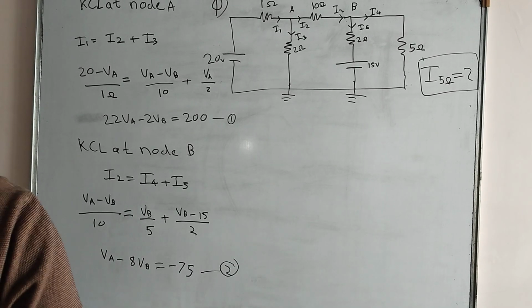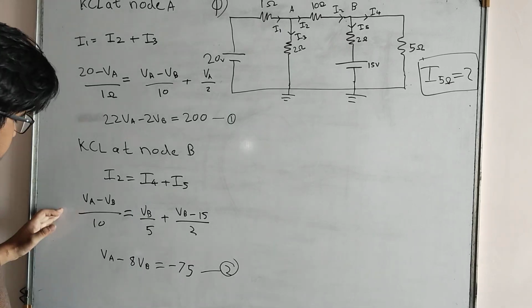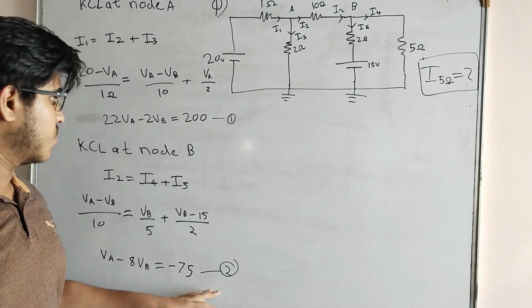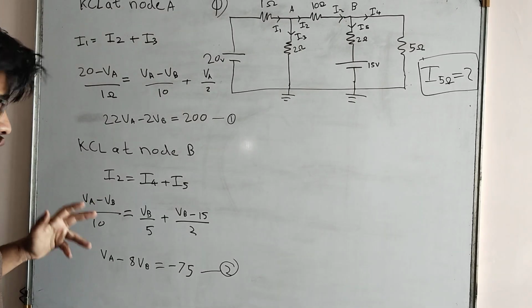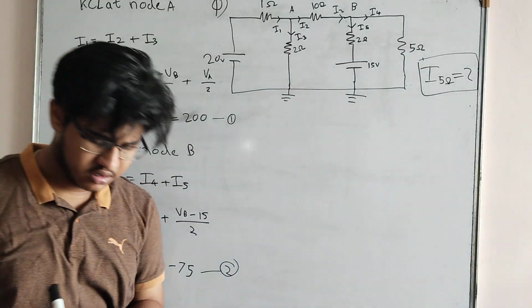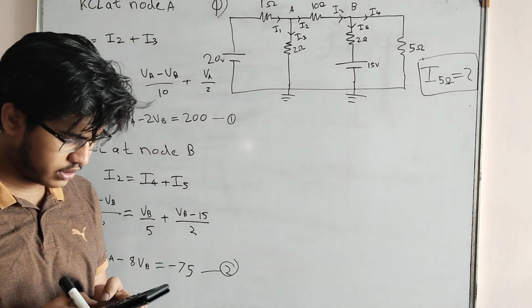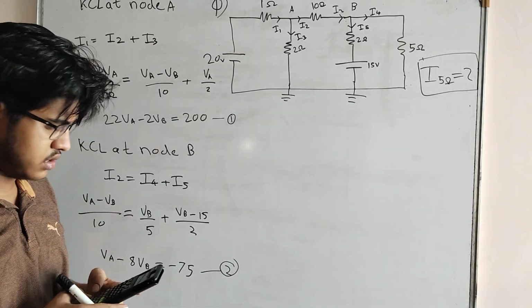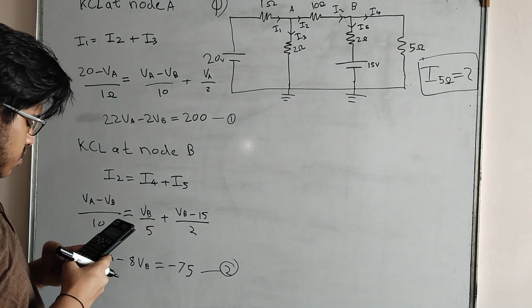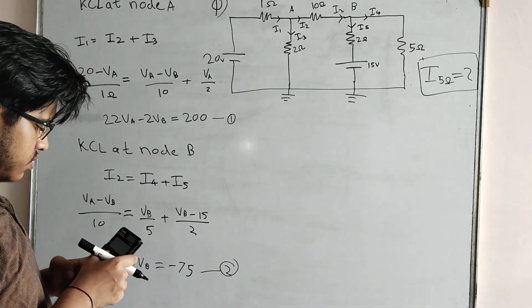After simplifying this equation, we get this as our equation number 2. Now we will solve both equations with the help of our scientific calculator. I am also calculating it side by side. So 22 minus 2, 200.